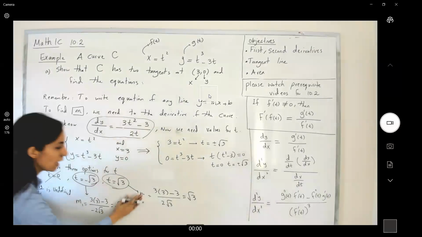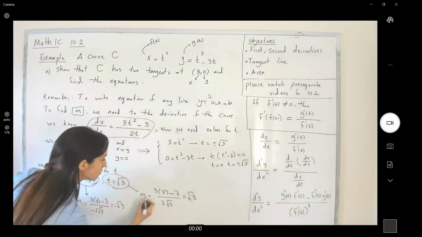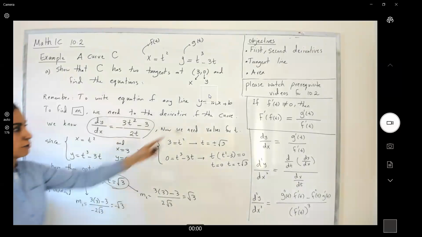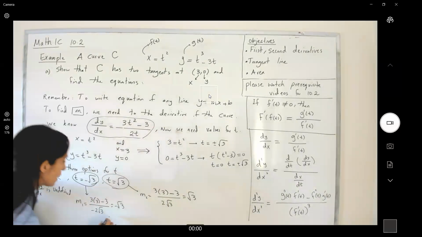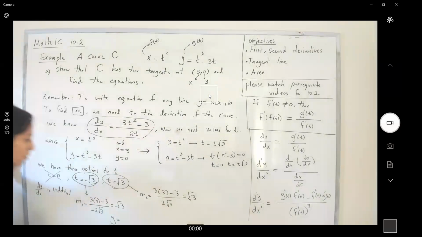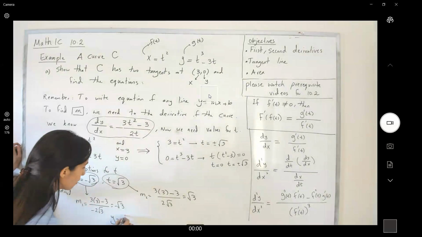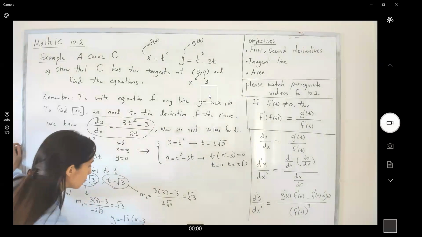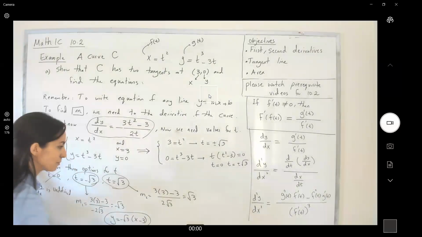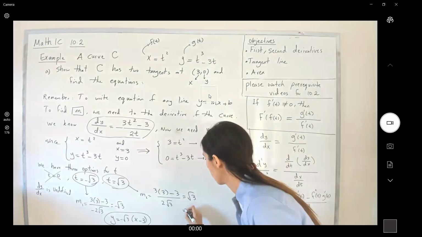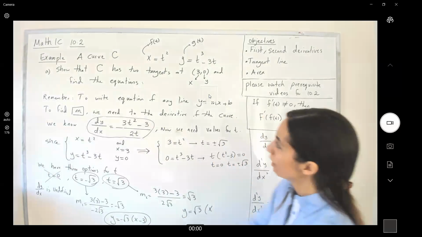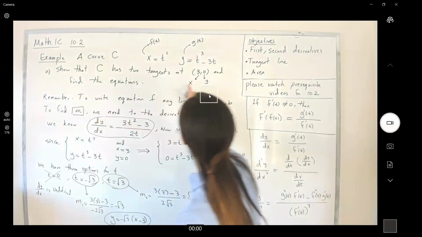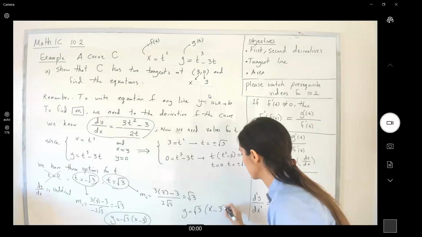I found m1 and m2. Now you just follow the equation y equals mx plus b, and you're done. So in this case, y is equal to negative square root of 3 times (x minus 3), the first tangent, and here you get y equals square root of 3 times (x minus x0), your x0 is equal to 3, so x minus 3.